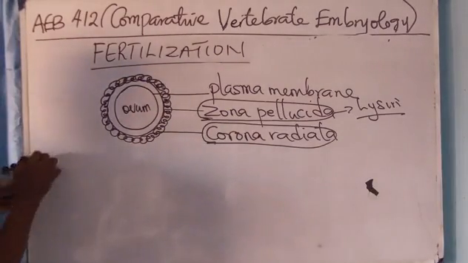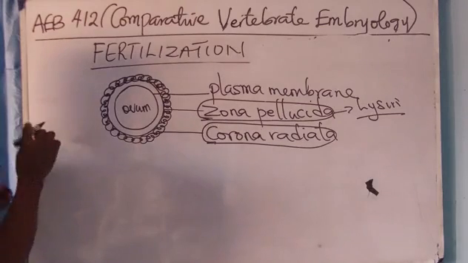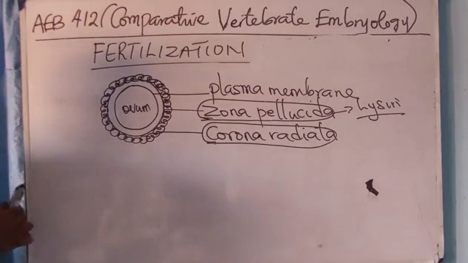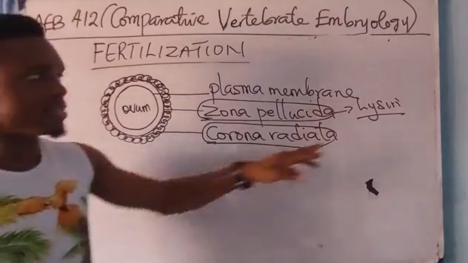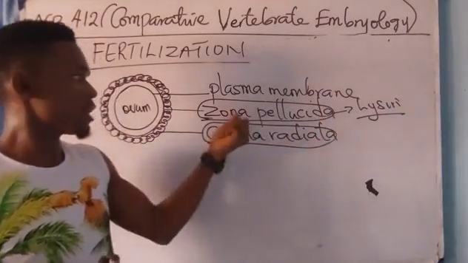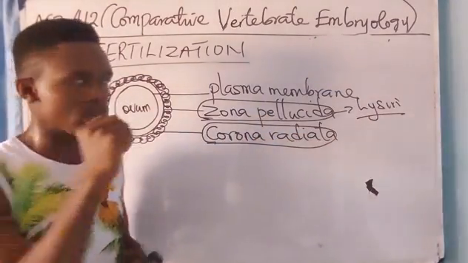Also in amphibians. Okay. Let me quickly say this. Good. I made mention of lysine, that for this zona pellucida to be rendered weak, lysine must be produced.